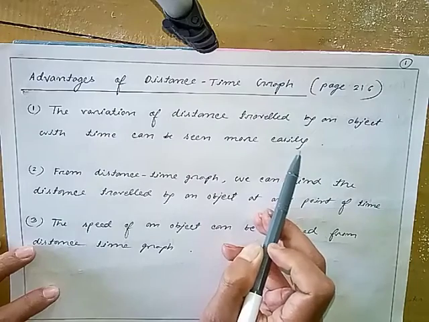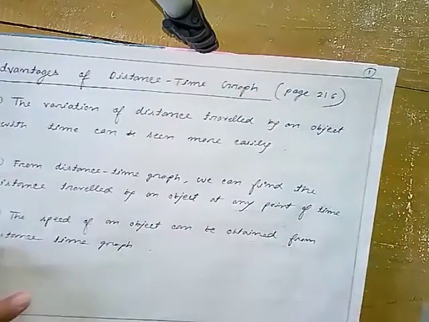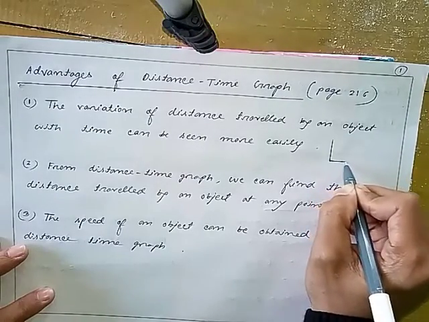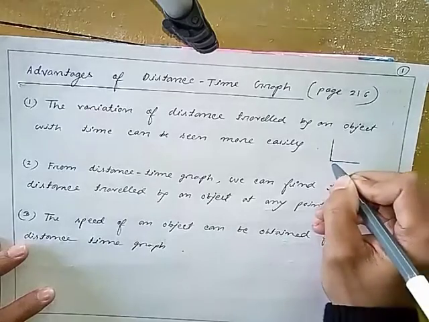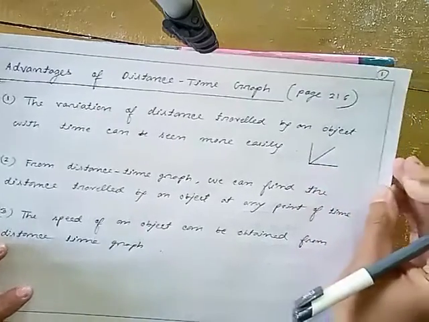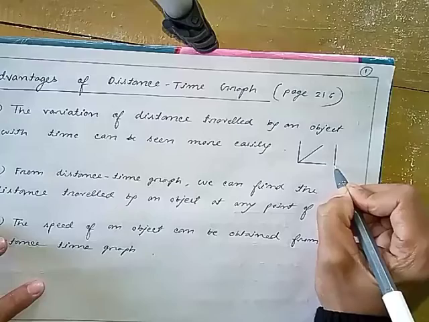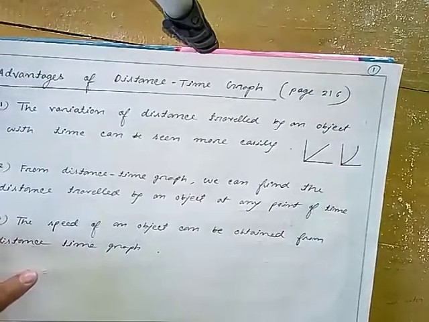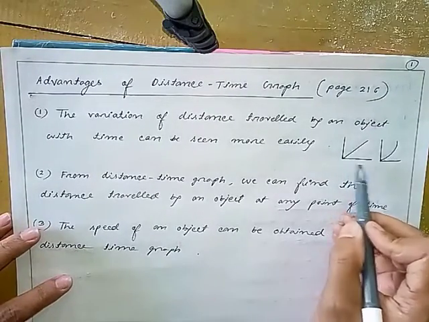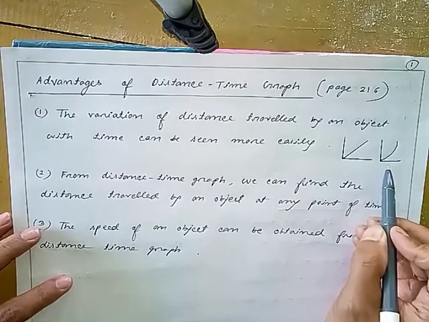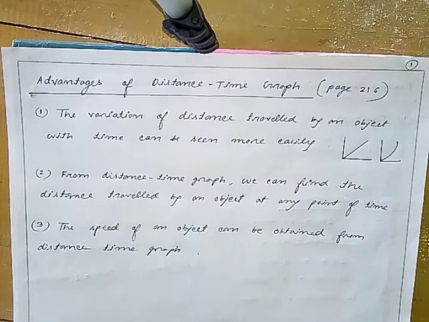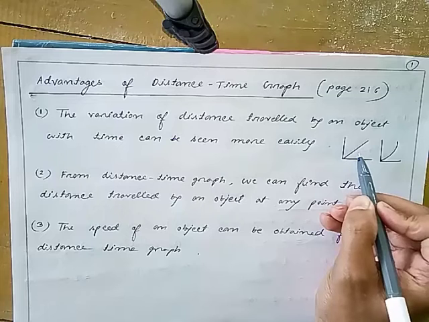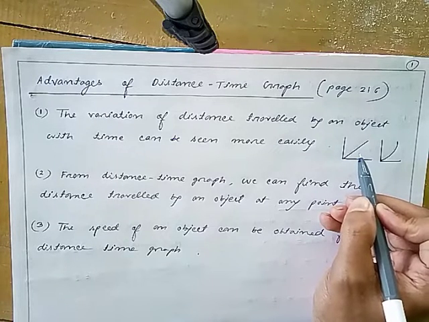It means, suppose this is a distance time graph and this is another distance time graph.